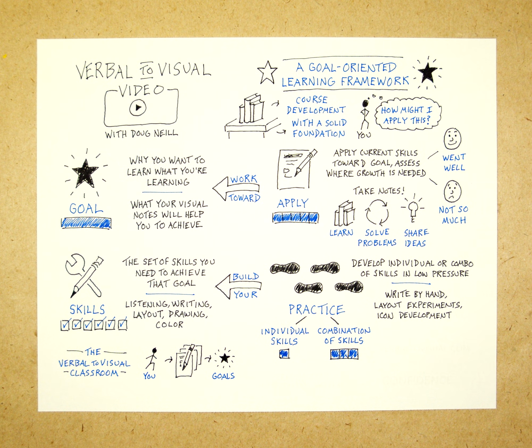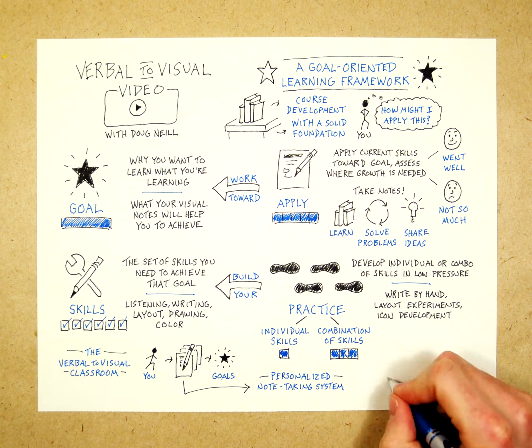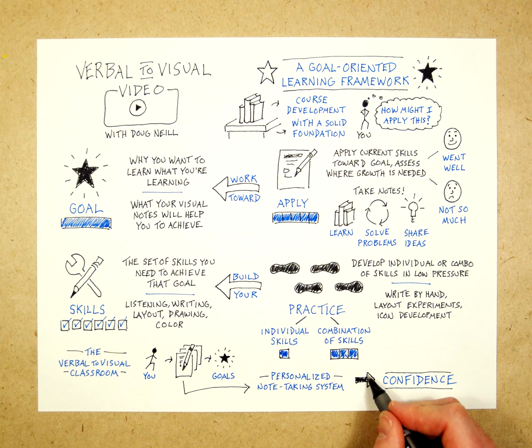And then as we move throughout the course and look at all these options available to you, you'll be able to explore those options with your specific goal in mind. And I will be helping you to develop the specific skills you need and give you the right type of practice opportunities to give you the confidence so that when you go into that application phase and use your visual notes in context, you'll have the confidence to do that well.